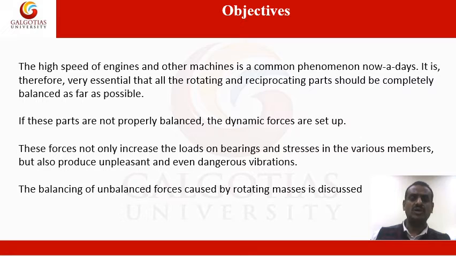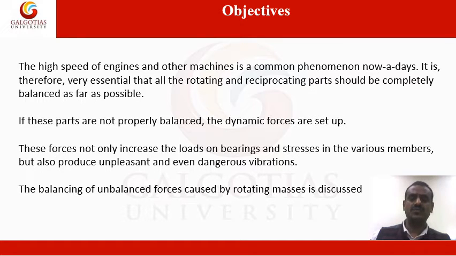If the parts are not properly balanced, dynamic forces are set up. These forces not only increase the load on the bearings and stresses in various members, but also produce unpleasant and very dangerous vibrations. Because of these unbalanced forces, maximum vibrations are created in the IC engine.